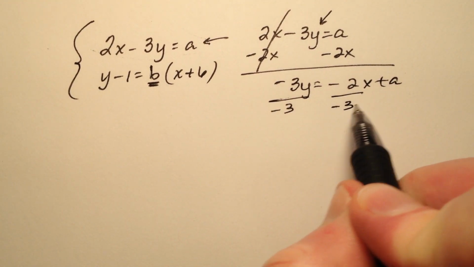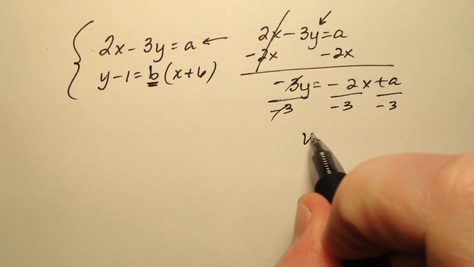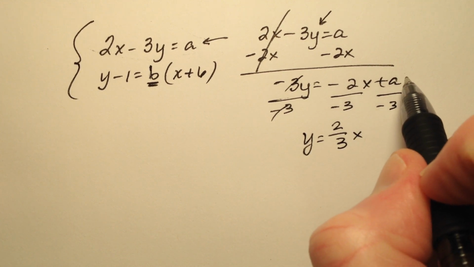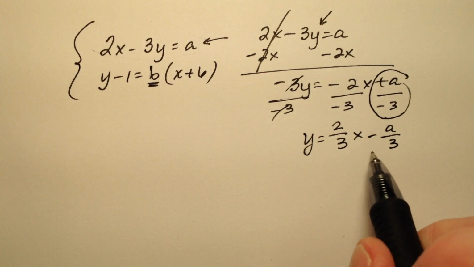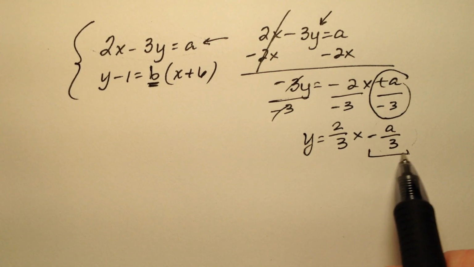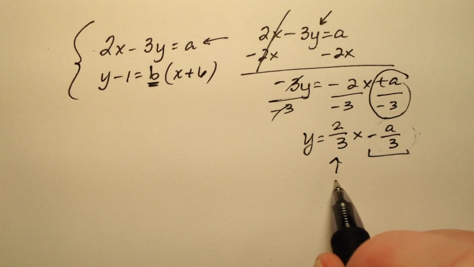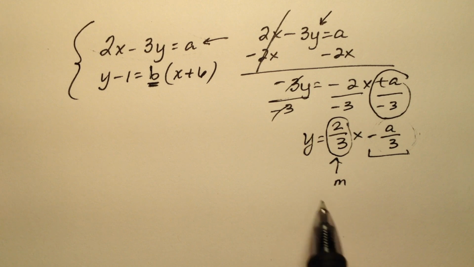So when I divide every single term by negative 3, I'll have y equals 2/3 x, and it looks like this weird thing right here, minus a over 3. I don't particularly care at the moment what this is going to be. The big thing is I'm just trying to pull the slope out of here. So I know the slope is going to be 2/3.